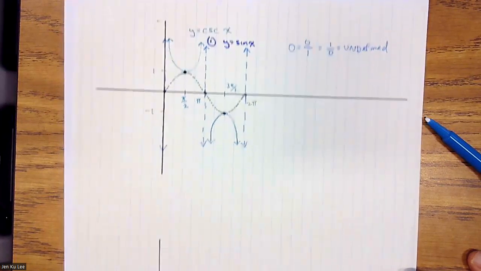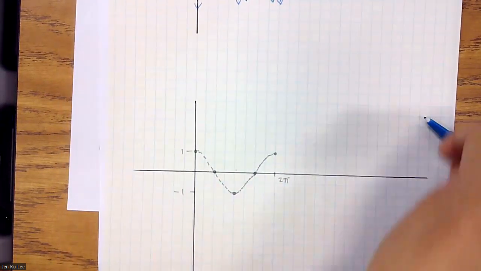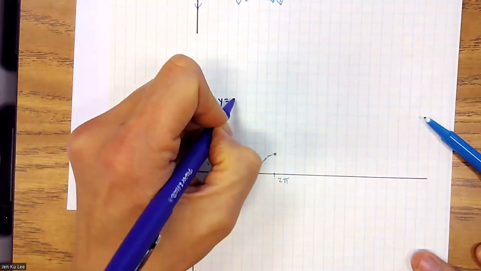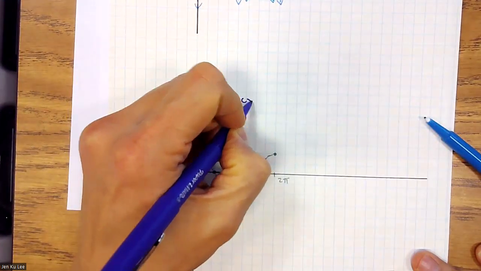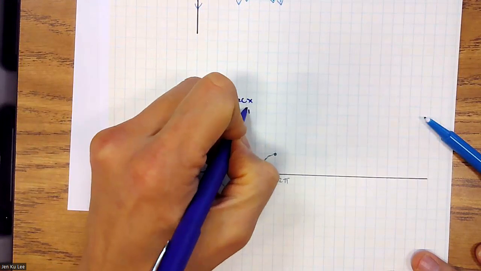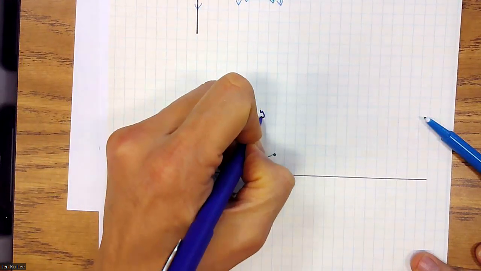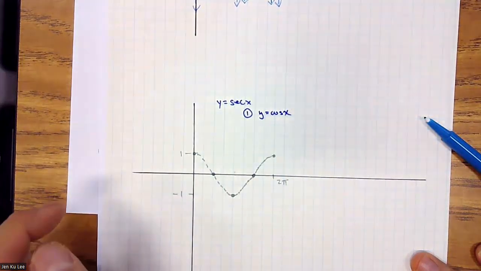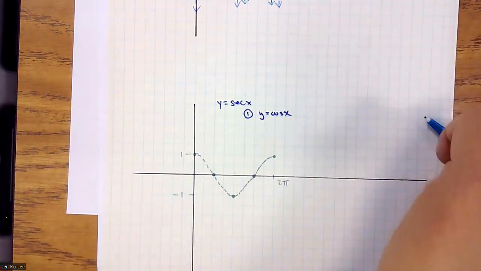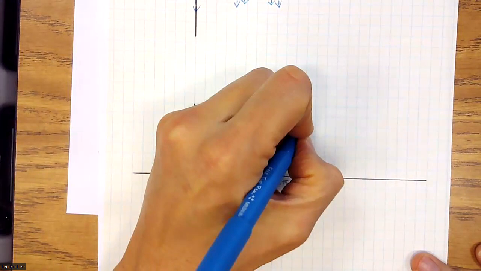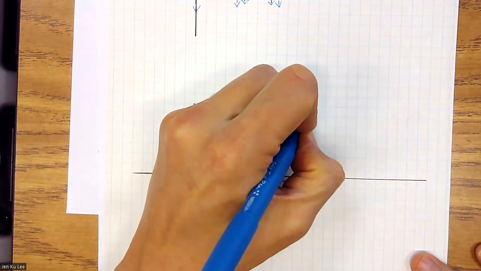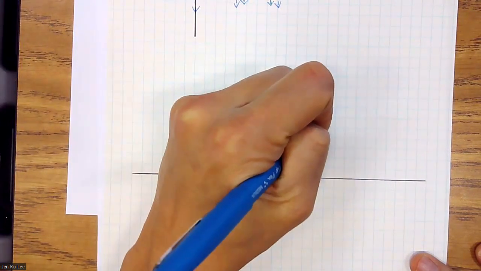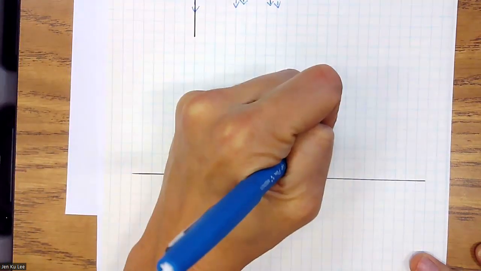Doing the same thing here, I'm going to graph y equals secant of x. The first step is to graph y equals cosine of x, which is this. At y equals 0 is my midline.